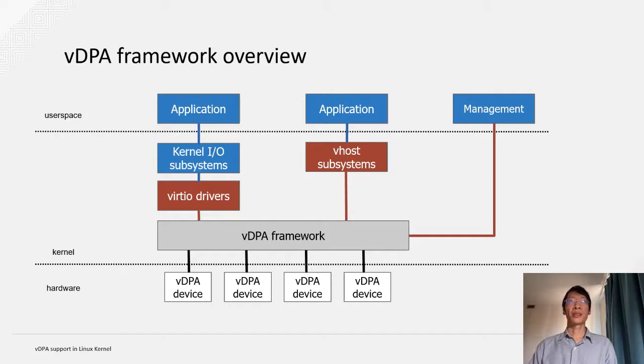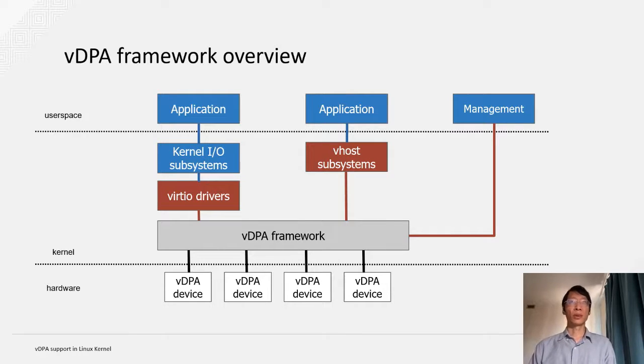So here's the overview of the VDPA framework. You can see that on the hardware level, there could be several types of VDPA devices, which are all connected to the VDPA framework. And to the app layers, it can choose to connect the VDPA device to both the vhost subsystem and virtio drivers. When connected to the vhost subsystem, it will present a vhost device and let applications use the vhost uAPI to control the device as if it were a vhost device.